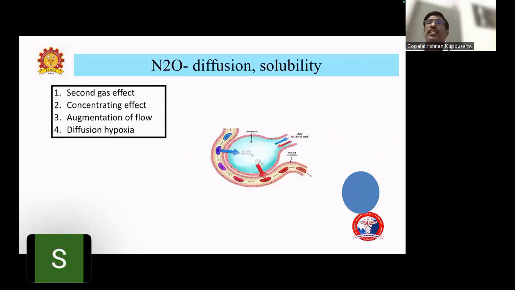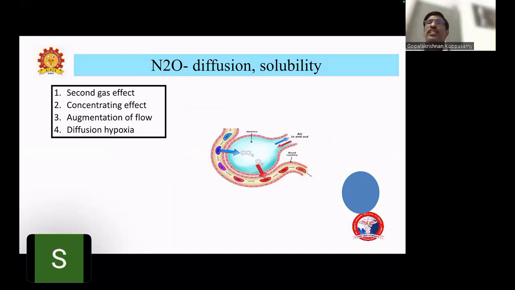There are a few things to be mentioned in nitrous oxide diffusion and solubility. It produces a concentrating effect, augmentation of flow, and finally, diffusion hypoxia, which is nothing but, during the recovery, more and more nitrous oxide from the dissolved state reaches the gaseous phase and this dilutes the oxygen so that you get a hypoxic mixture.